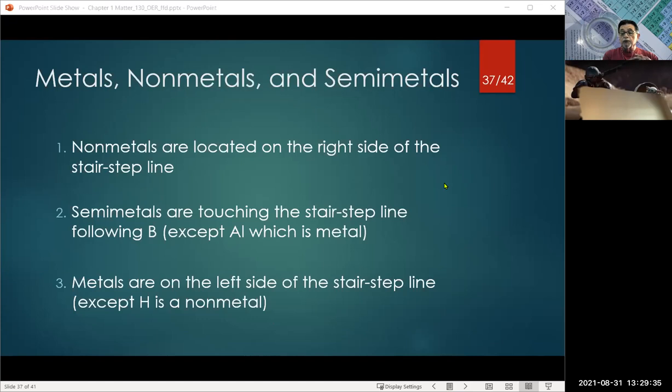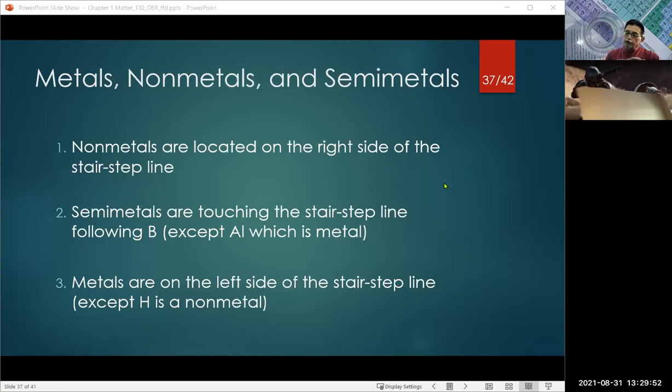As an example, silicon, very important. Silicon is important for our computer chips. Given properly prepared, it will conduct electricity. But it is a semi-metal.